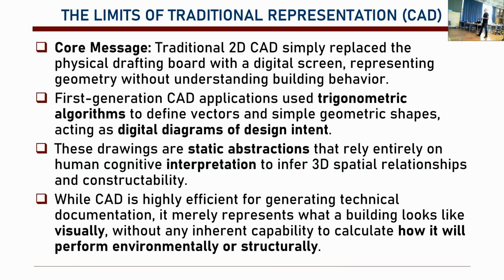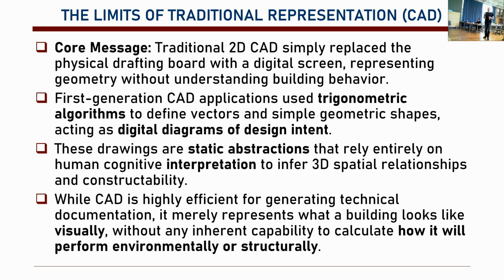So let's start with the representation to simulation. As you all know, these are all repeat concepts. Of course, 2D CAD is simply replacing the drafting board, the hand drawings, with a digital screen. So basically, we create geometry, but we don't understand the behavior.